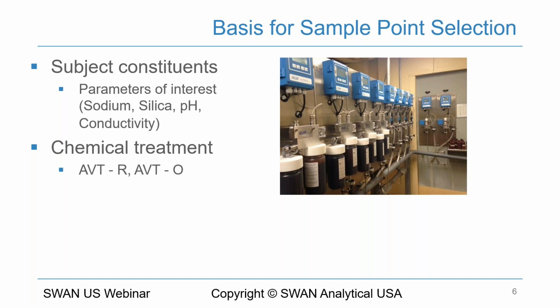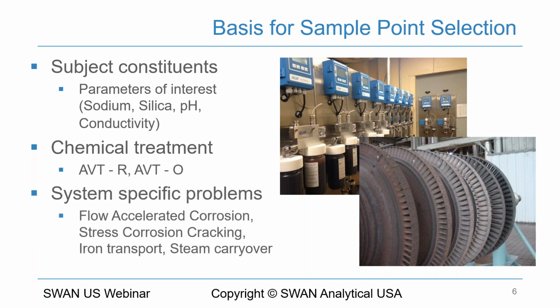Is it an all volatile treatment with reduction agents, or is it an all volatile treatment oxidation, or is it a disinfectant system? That way we can look at how we attack or ensure that we're looking at the specific potential problems in the system, whether it's flow accelerated corrosion, stress corrosion cracking, iron transport, or steam carryover.